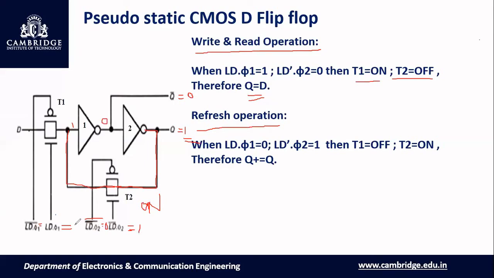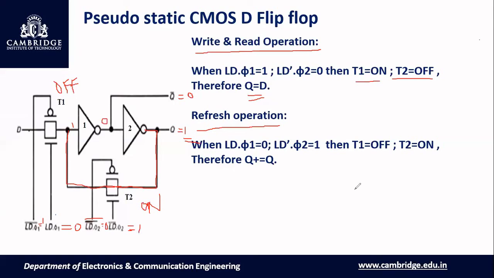Here LD phi 1 should be made 0 and LD phi 1 bar will become 1, so that the T1 transmission gate will become off. That's all. This is nothing but the refreshing. Got it? Very simple.